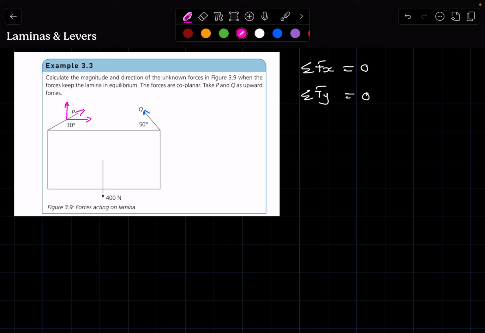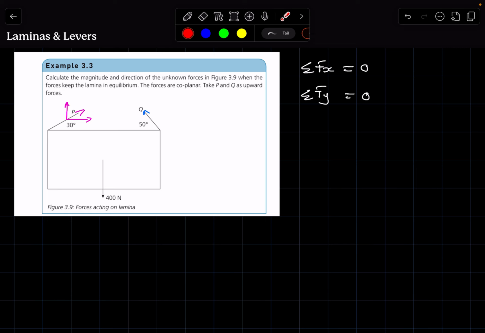For instance, the horizontal components will be expressed in terms of cos, and the vertical components will be expressed in terms of sine. Why? Because the angle we are using is a reference from the x-axis. Looking at the components of P, if P is acting in this direction, it means it is in the first quadrant.